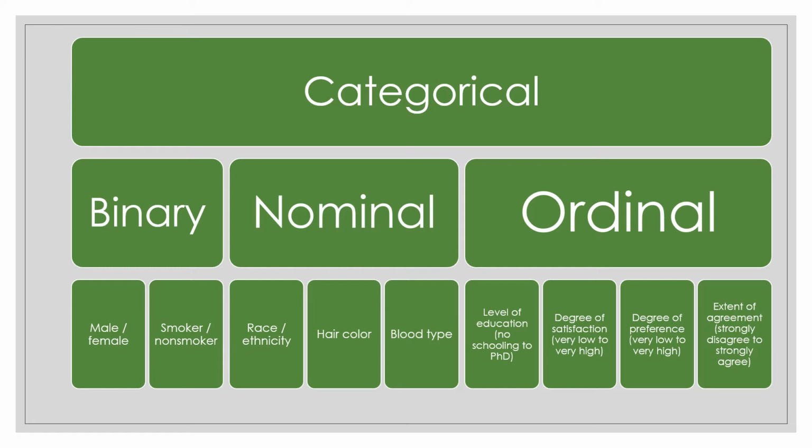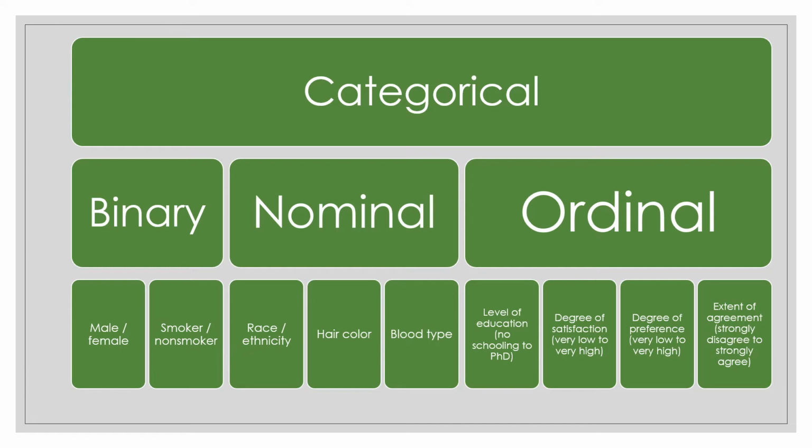Examples of ordinal variables include level of education, from no education all the way to PhD, or professional credentials like CPA, JD, and so on and so forth, or the degree of satisfaction with a healthcare service, from very low to moderately low to somewhat high to very high, or the degree of preference for something, for a service, for a product, the degree of preference for, let's say, iPhone, from very low to very high.